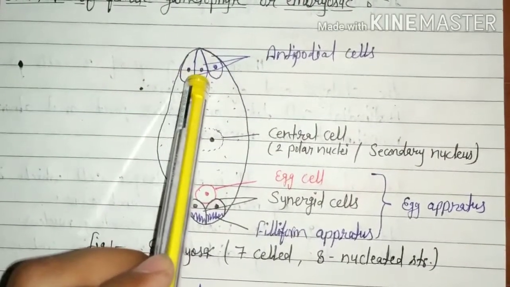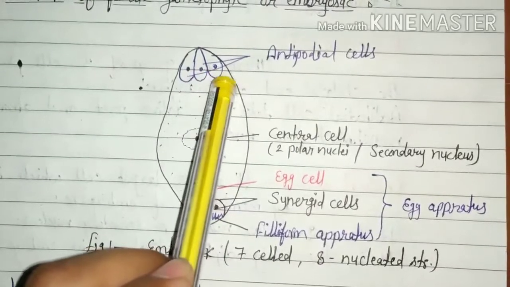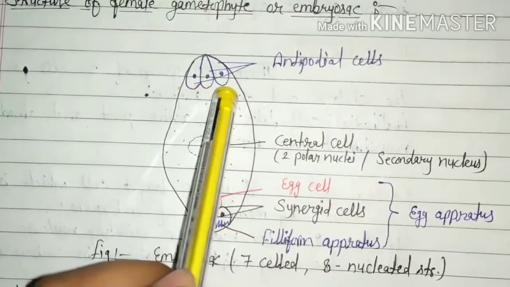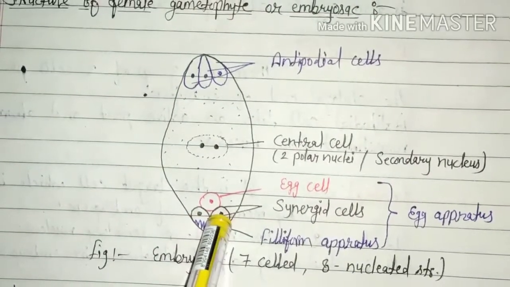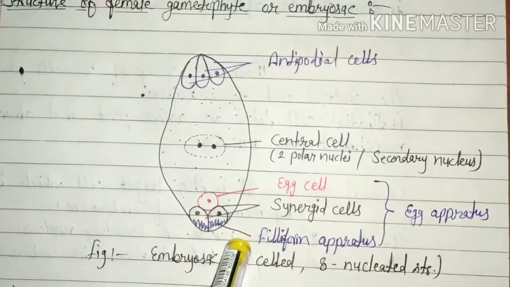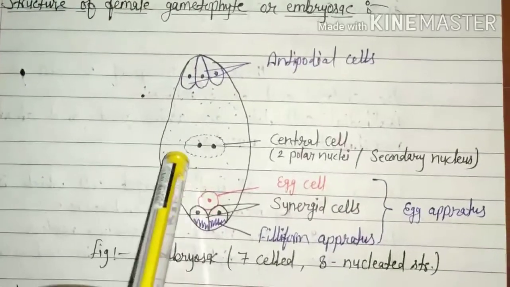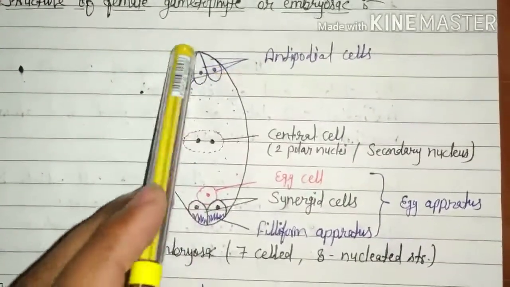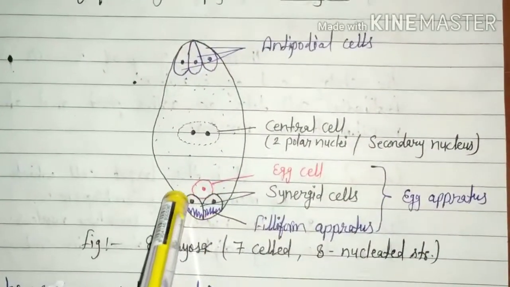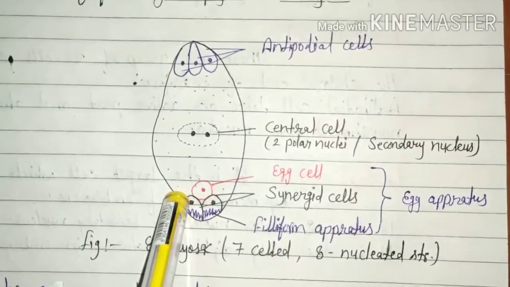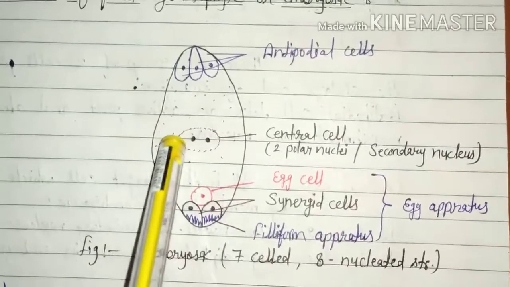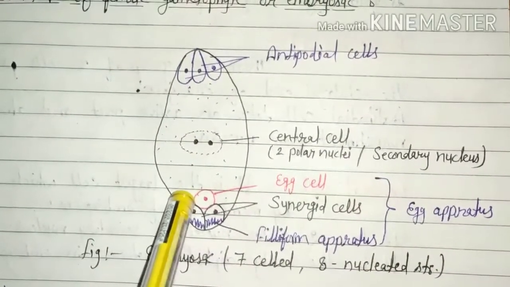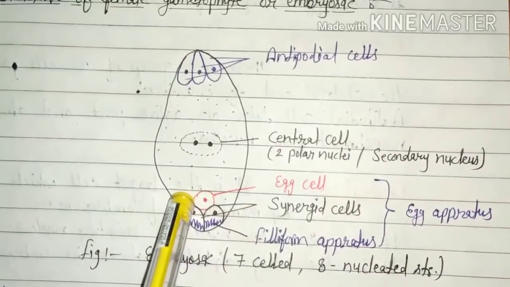Antipodal cells' functions are not known yet, and synergid cells help the pollen tube. After formation of zygote and endosperm, antipodal cells and synergid cells are destroyed. Inside the embryo sac, only endosperm and zygote are located.